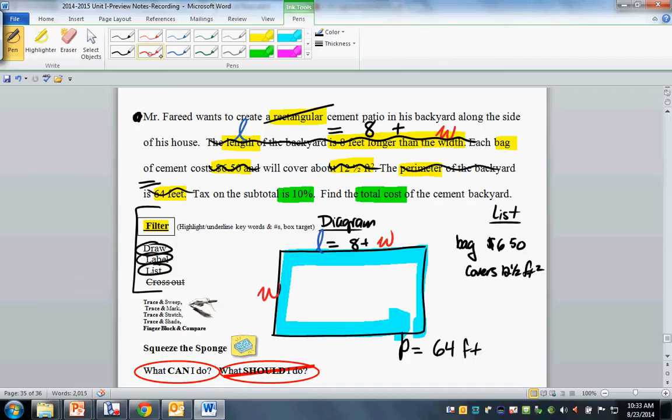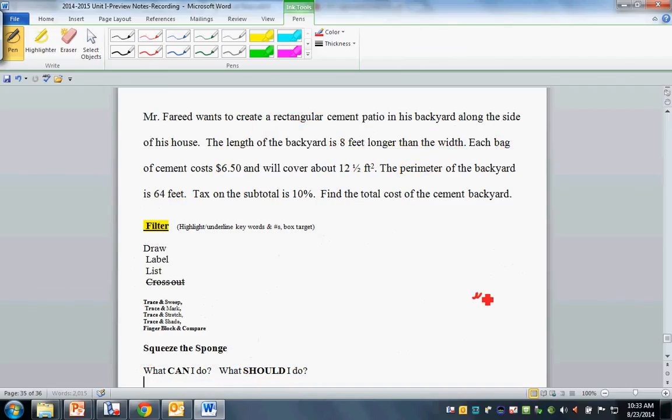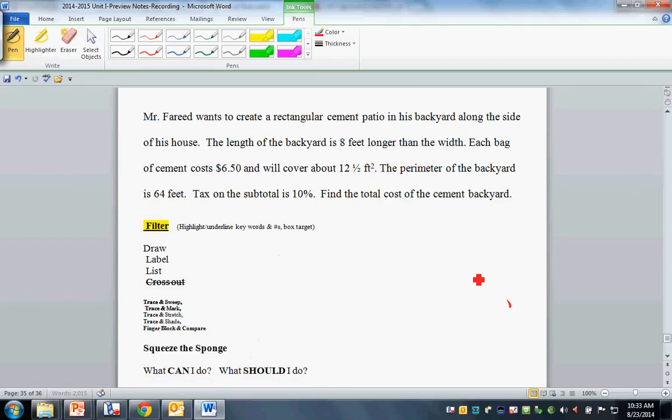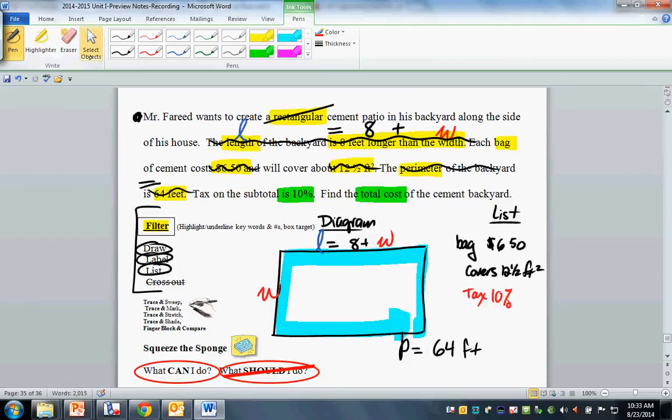Tax is 10%. That doesn't belong in the diagram. That's over here. Tax is 10%. And our goal is to find the total cost. So I'm going to circle that, put a giant question mark there. That's our goal.